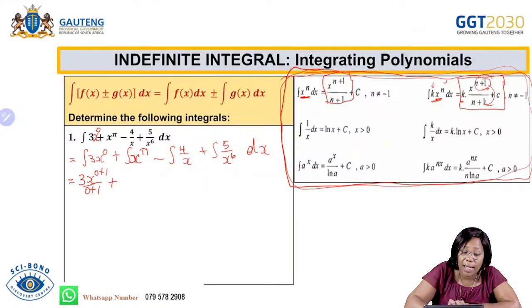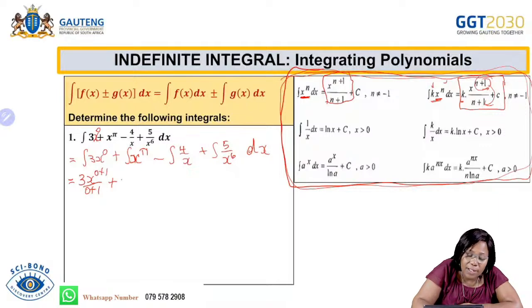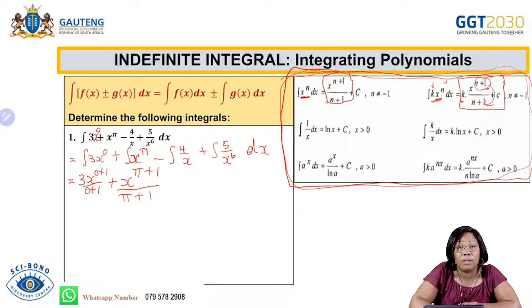It is saying add 1 to the exponent and then take that exponent to the denominator. Yours is just to relate and apply, grade 12. And then these are free marks, right? And then this will be x to the power pi plus 1. And then you take that pi plus 1 to the denominator. Okay, move on to the third one.